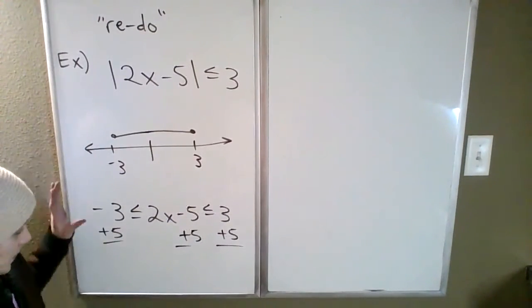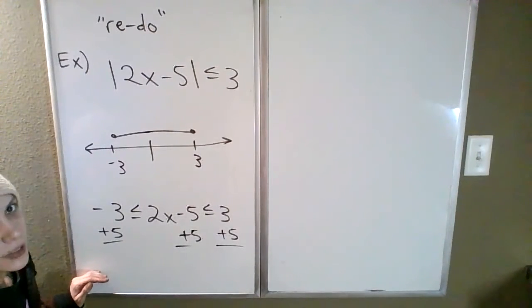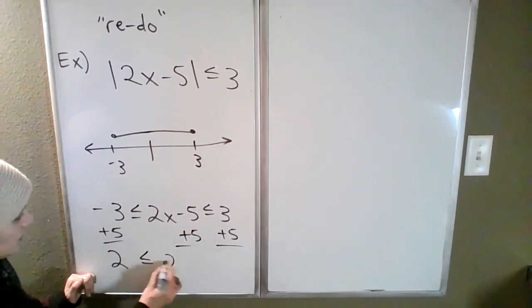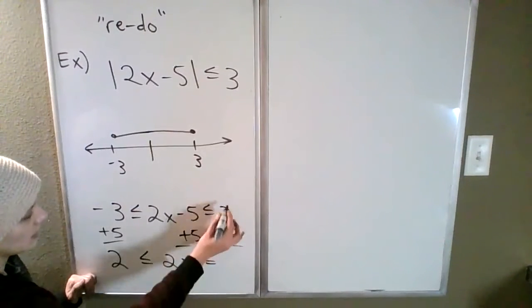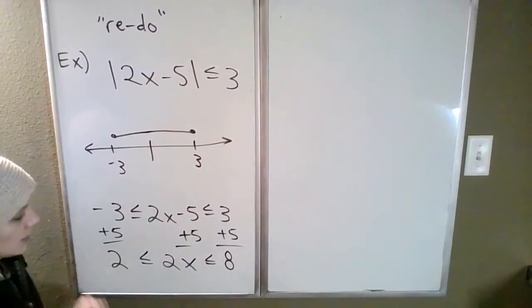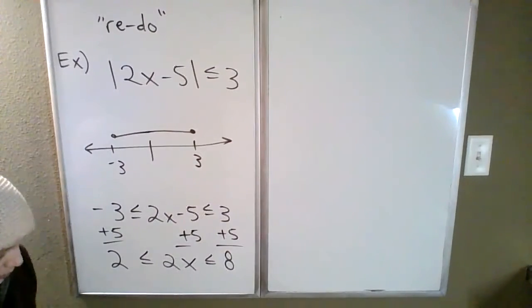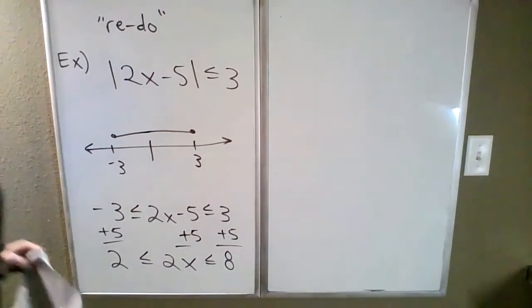Let's do this. This would add up to 2. And this side is 8. And then we divide through by 2.